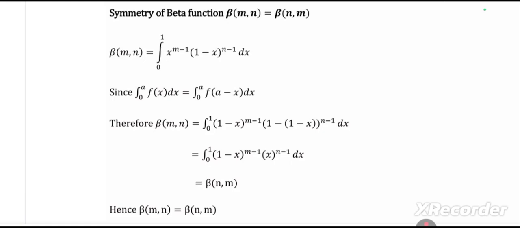It will become the integral from 0 to 1 of (1 minus x) whole power m minus 1, where the 1 minus 1 gets cancelled, so x power n minus 1 into dx. We can write it as the integral from 0 to 1 of x power n minus 1 into (1 minus x) whole power m minus 1 into dx. That is nothing but beta of n comma m. So, we have proved the symmetry.